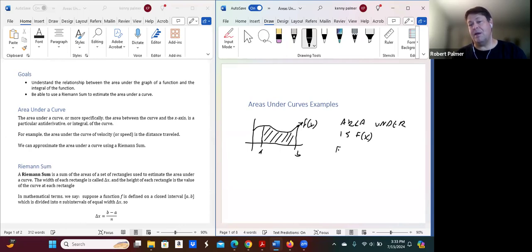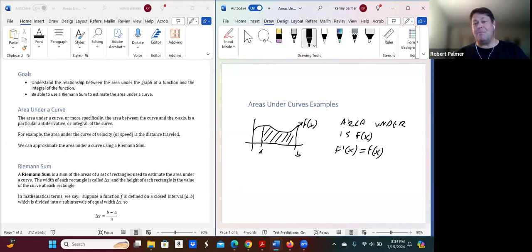And remember that it's an antiderivative, capital F of x. Take the derivative of that, and it gives you small f of x. This is a particular antiderivative or integral. Remember, the small f is the derivative of the big F. At any value of x, the small f gives you the instantaneous rate of change of the function.